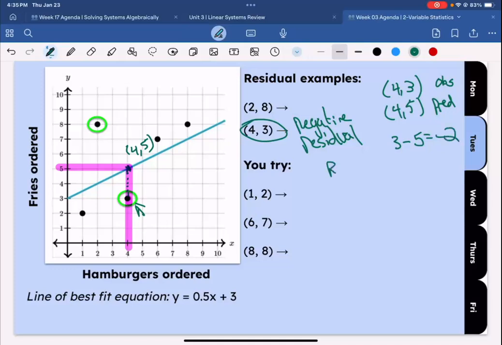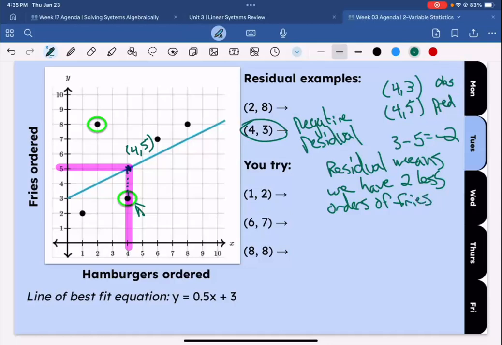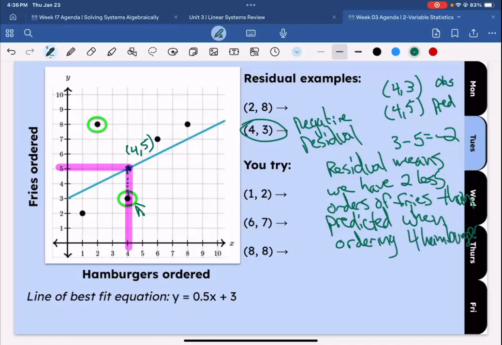So the residual means we have 2 fewer orders of fries than predicted when ordering 4 hamburgers.